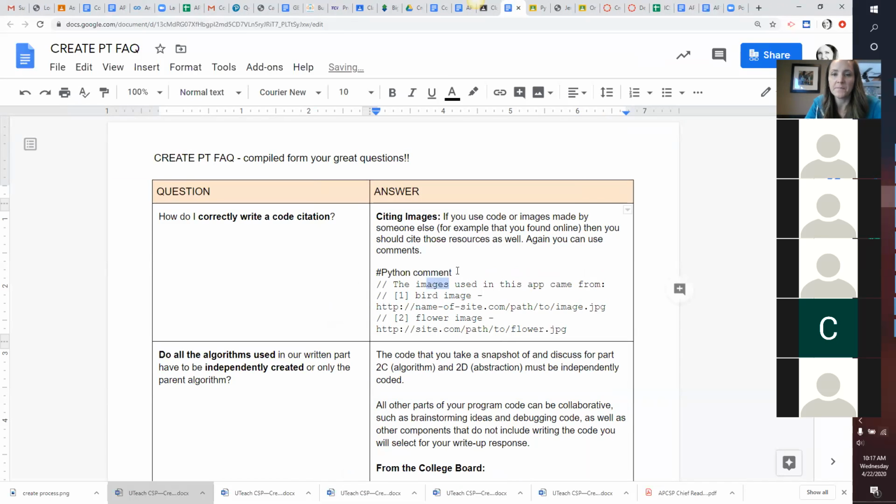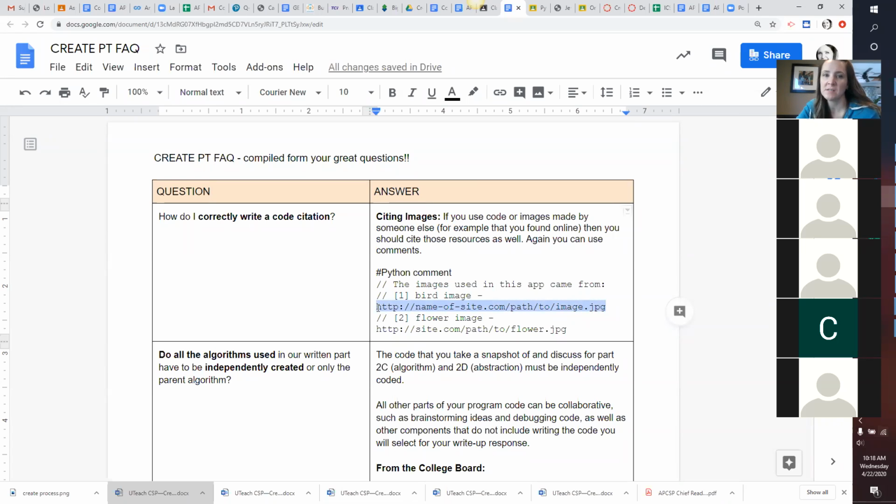You can put the comment right into your code, right above wherever the code is that you need to comment. So if you're commenting to cite an image that comes from somewhere, you can see they've got the bird image and then they've given a URL.